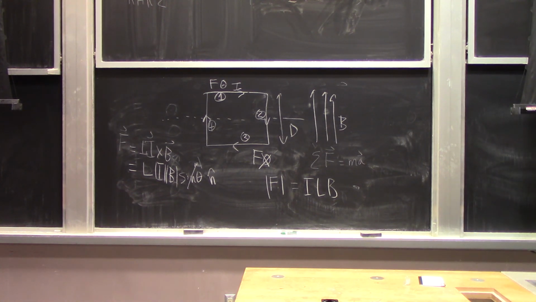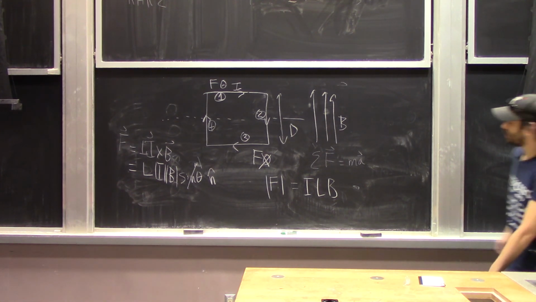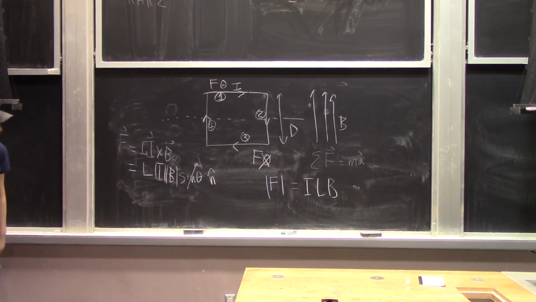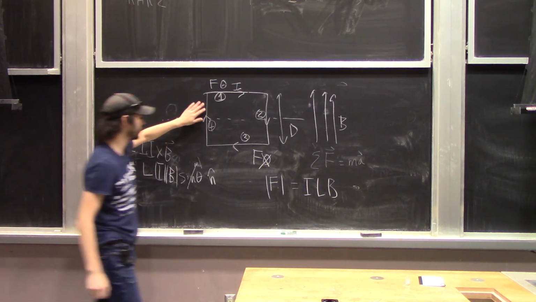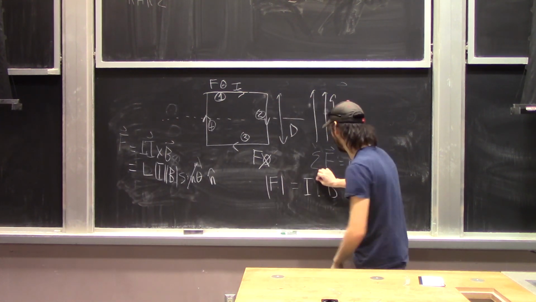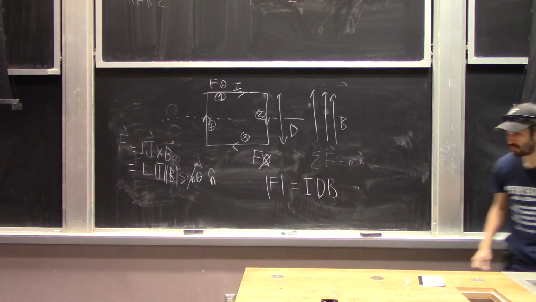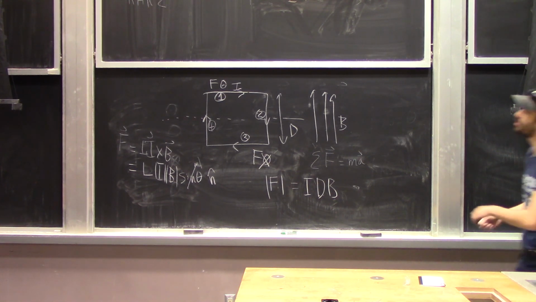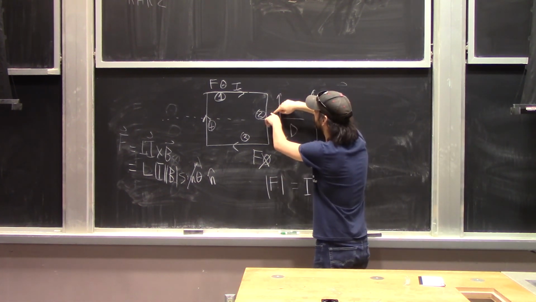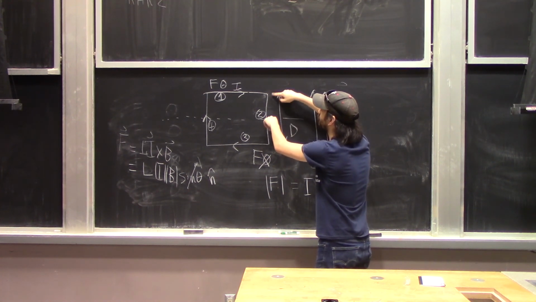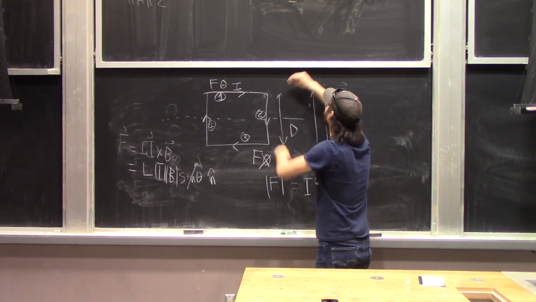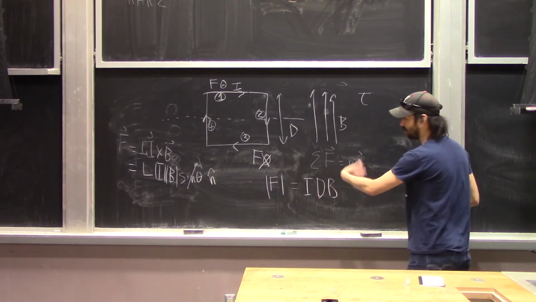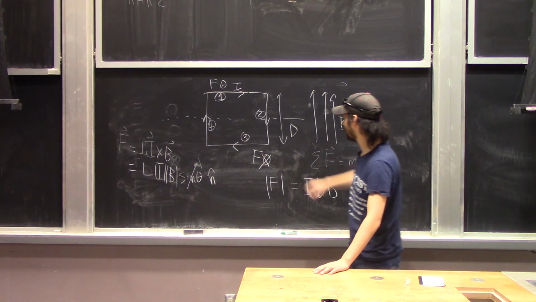Now, to find the torque, we consider that this force acts some distance away from the axis of rotation. Sorry, this should just be d, because L is d. So we need to consider that this force acts a distance d over 2 away from the center of rotation. To find the torque, we multiply the force by the distance d over 2.